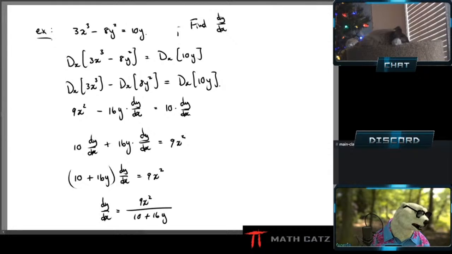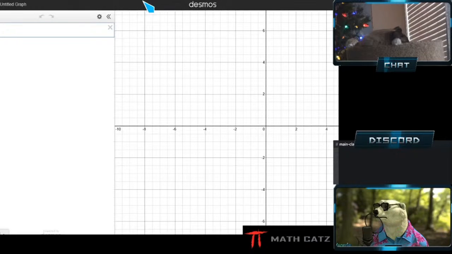Right, so let's maybe expand on this. If I go to the interwebs and look for a place where I can graph some stuff. Just check my screen, looks okay.